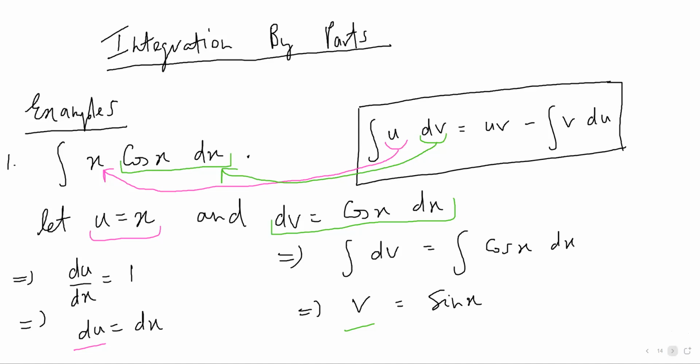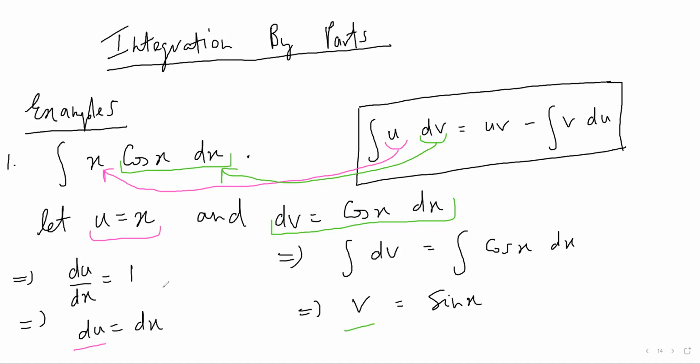Now, guys, again, in this case, if you let u be equal to cos x, because sometimes, especially if you are not experienced in evaluating integrals using the integration by parts technique, you can make the mistake of letting u be equal to a function that will not simplify things.